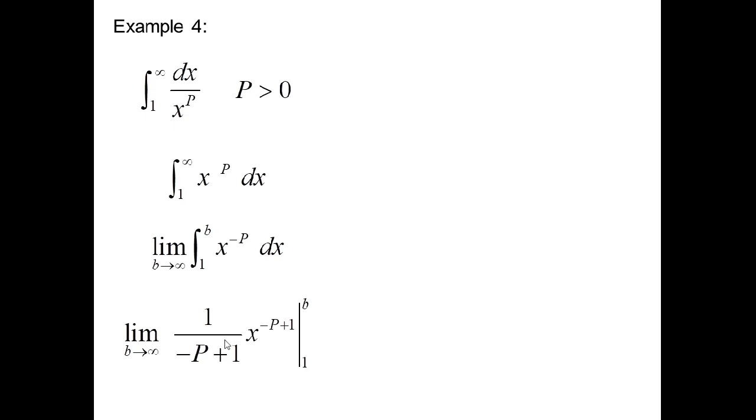We're evaluating that from 1 to b, and then we'll take the limit. When we evaluate that from 1 to b, we get b to the negative p plus 1 over negative p plus 1, minus 1 to the negative p plus 1 over negative p plus 1.